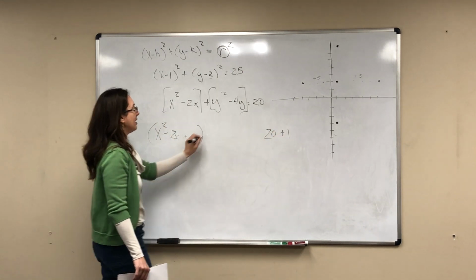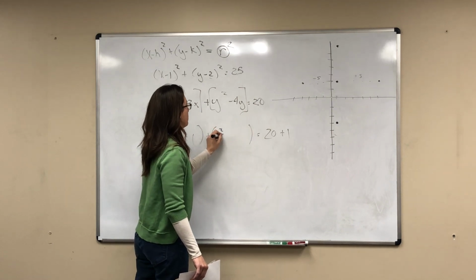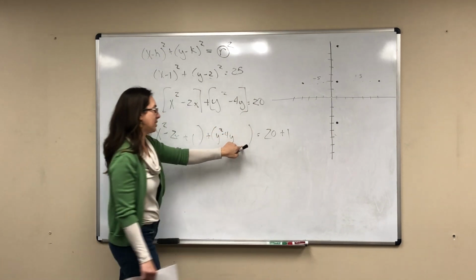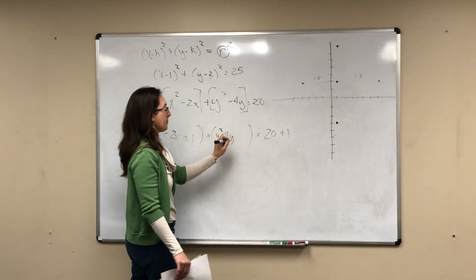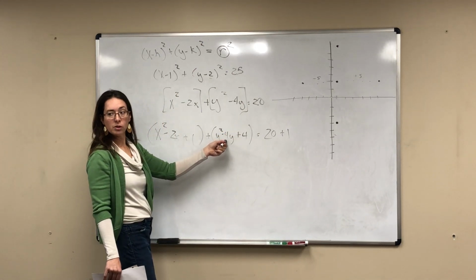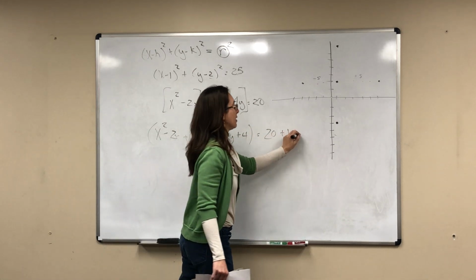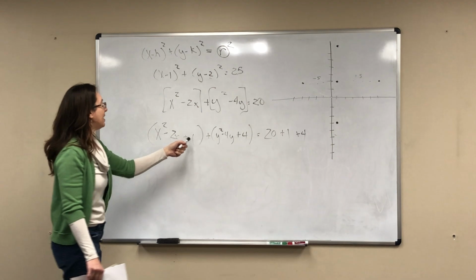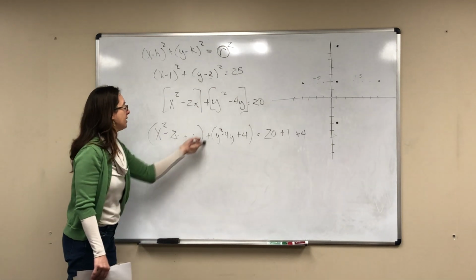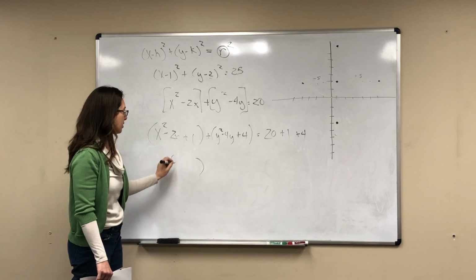Okay? Now I have my y portion. Y squared minus 4y. What goes here? Positive 4, right? Correct. Half of 4 is 2. 2 squared is 4. I added 4 here. Gotta add 4 to the other side. Now I want to rewrite my completed square as a square.